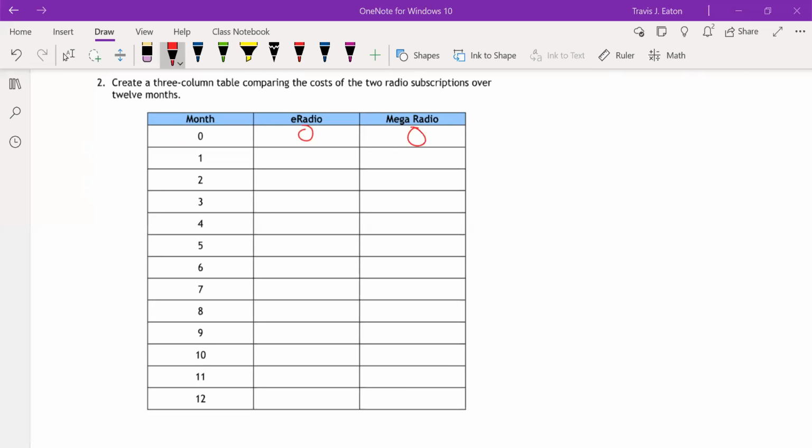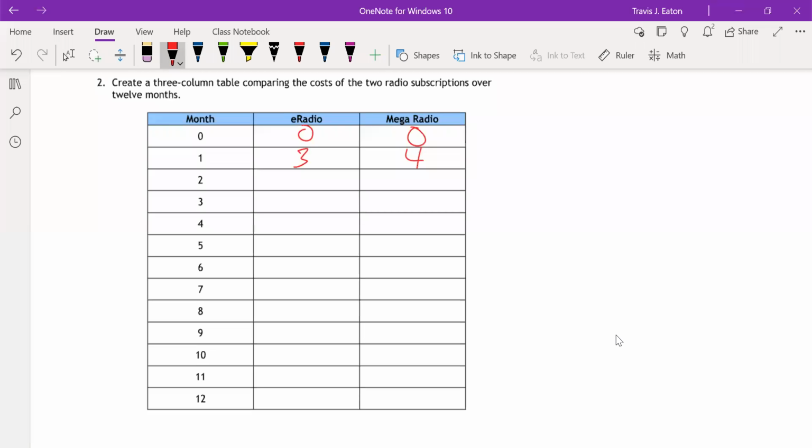The cost of 1 month of e-radio is 3. 1 month of mega radio is 4.